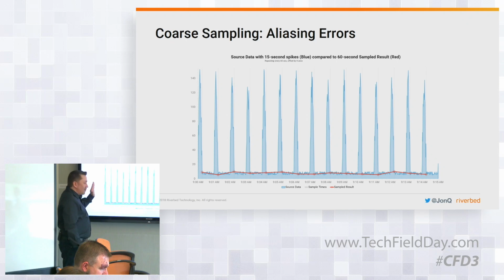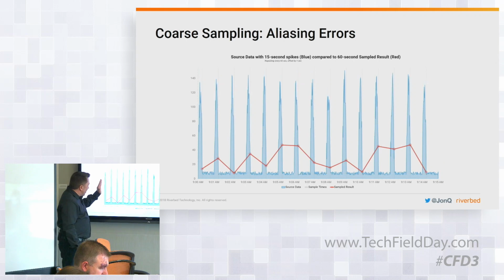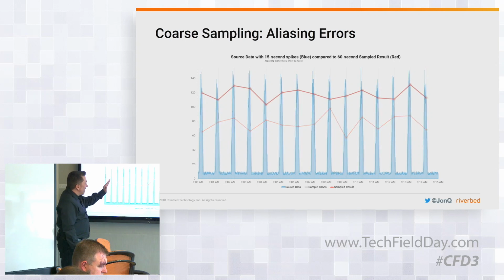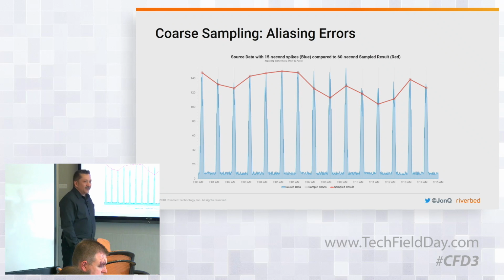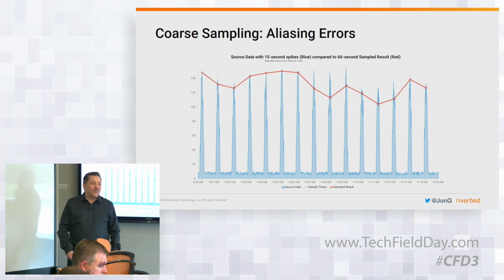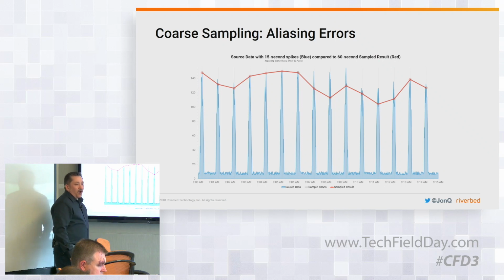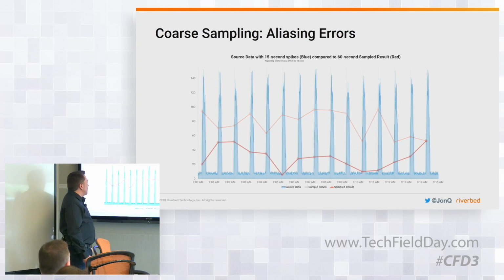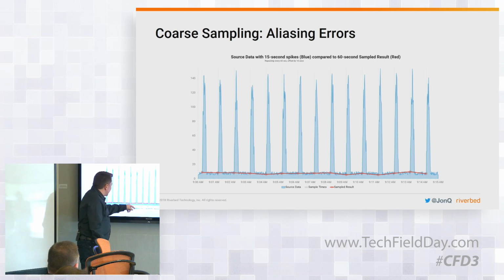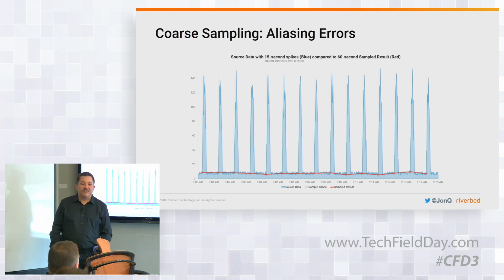If I nudge the spikes just slightly towards the sampling rate, all of a sudden, for the same data set, we get a different answer from the tool of what the value is. And if I nudge it more and more, I get very, very different values. This is rampant in monitoring, where 15-second and 60-second data is missing these types of issues. And 75% of the time it's reporting these zero-based values.